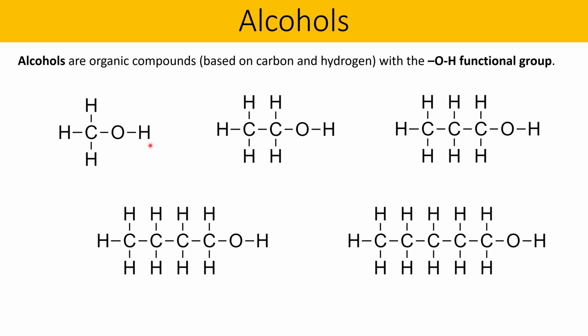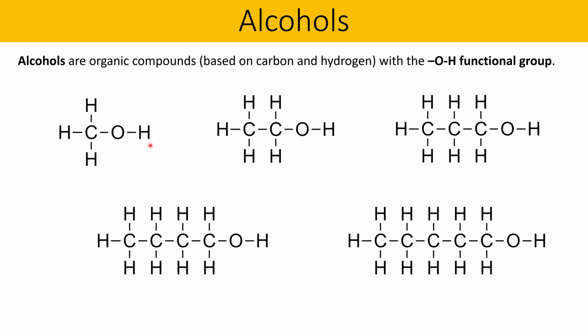You might be wondering why I didn't just call it CH4O. By writing its formula like this, we can clearly see the OH functional group and therefore identify it as an alcohol. If I differ this by CH2, I will get the next alcohol, ethanol.